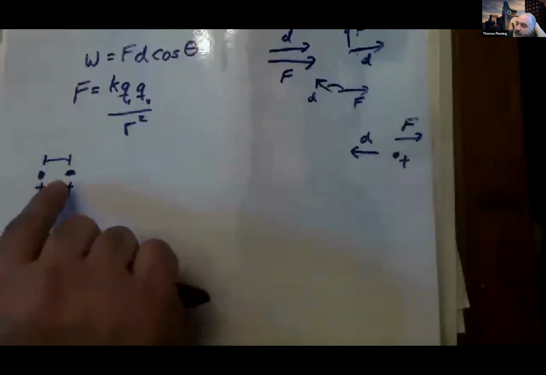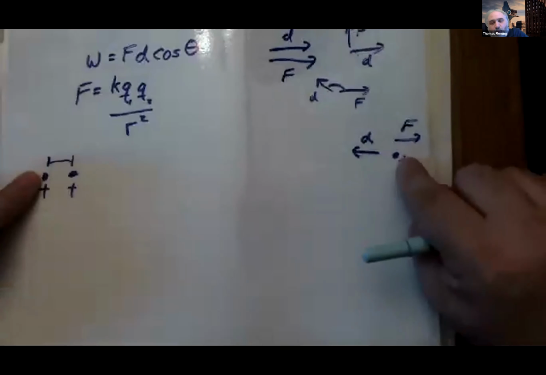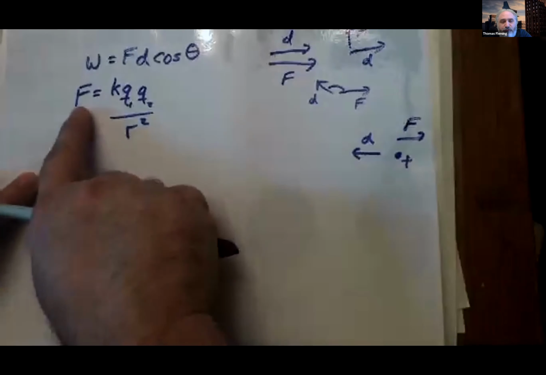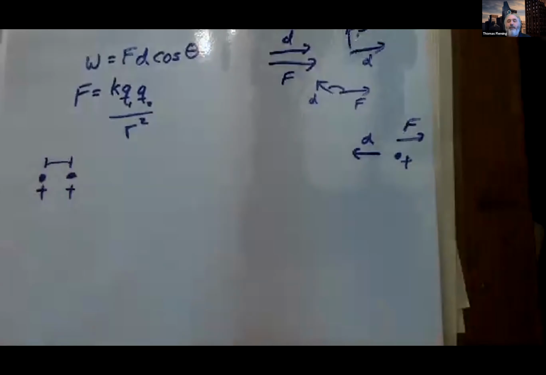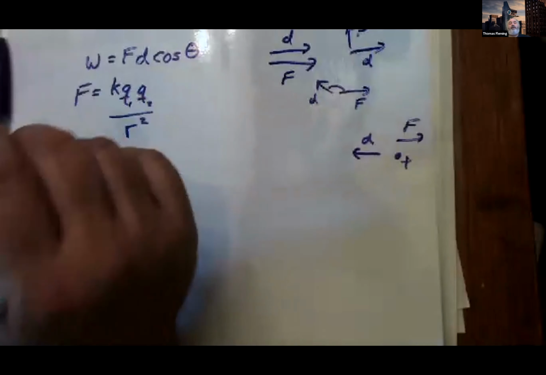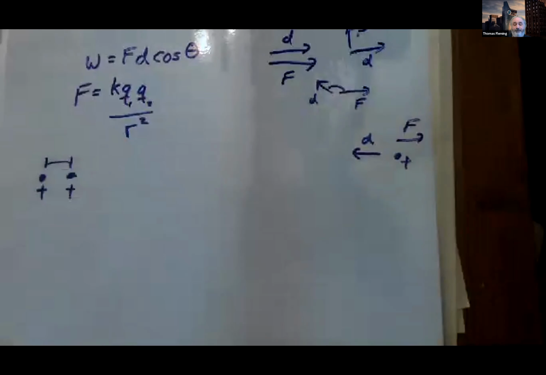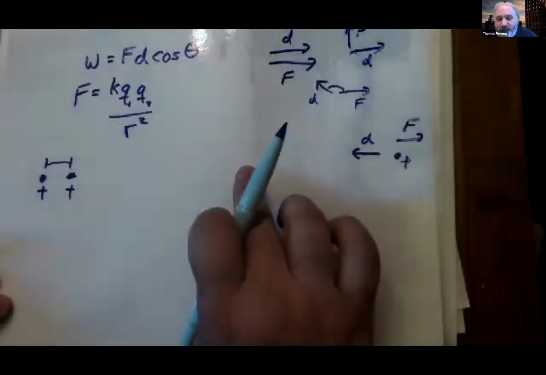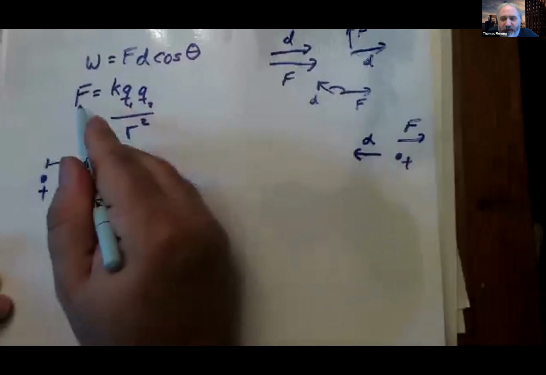At first, when they're basically infinitely far away, the force I'm feeling is so close to zero, it might as well be zero. That means when I first start to move it, I have a basically zero F, which means I'm not doing very much work originally. But the closer I get, the bigger the force gets.